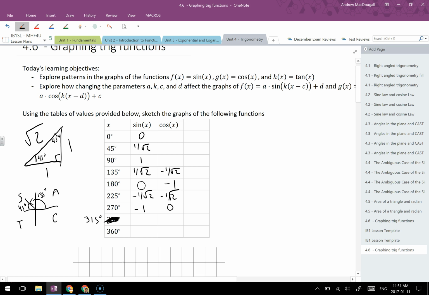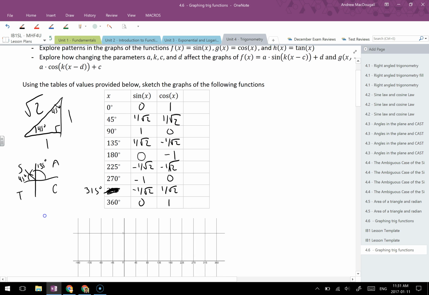This is 45 degrees in the fourth quadrant. So your sine is going to be negative. Your cosine will be positive. At 360 degrees, sine is 0, cos is 1. And I'll fill in those last few cosines I didn't do. 1 over root 2, 0.